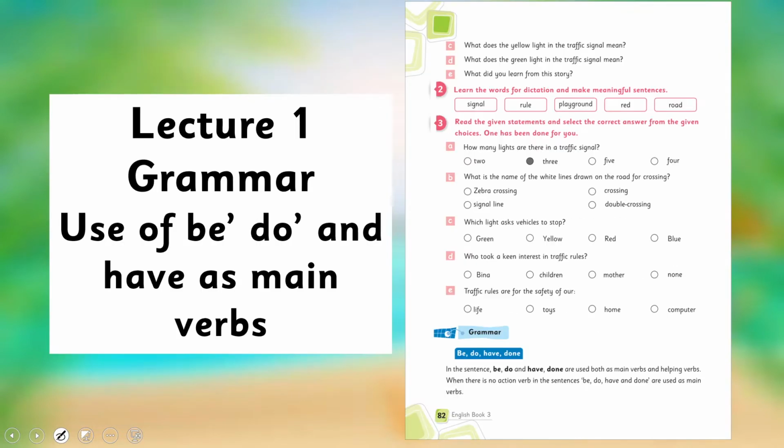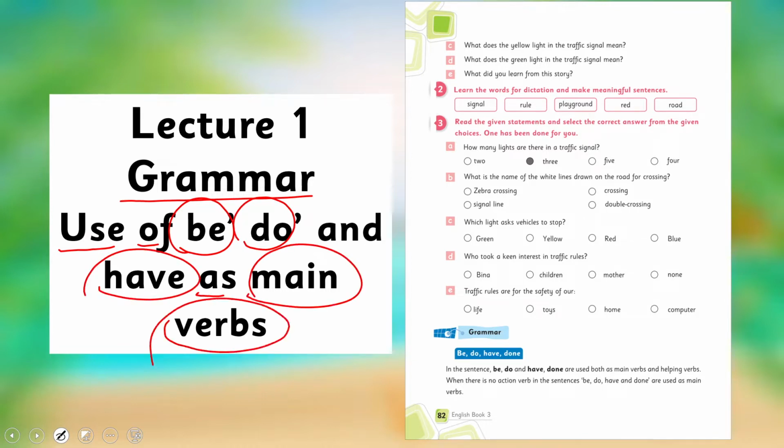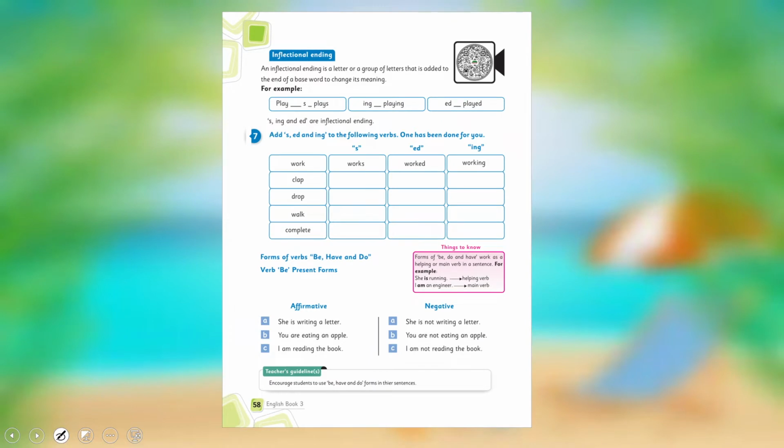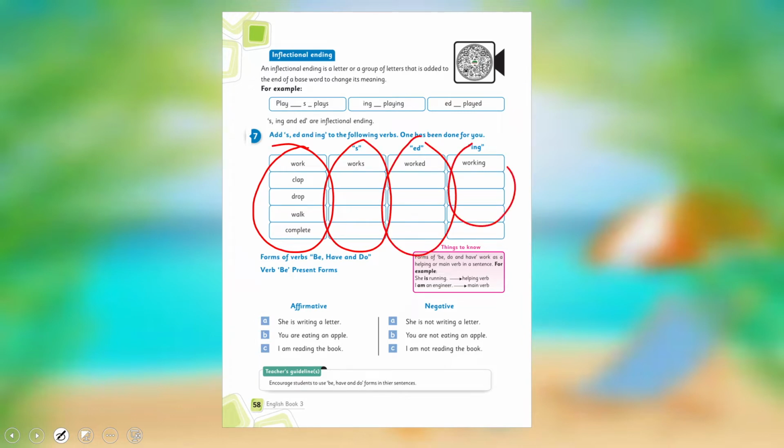Yes, my dear children, today under the title of grammar, we are going to learn the use of be, do and have as main verbs. Before this, I have taught you about verbs and how we make the forms of the verbs be, have, do.